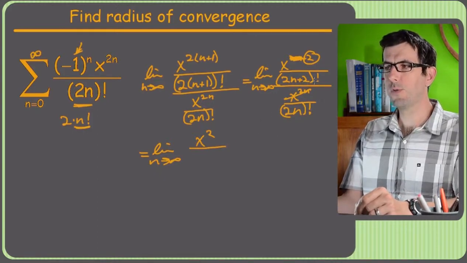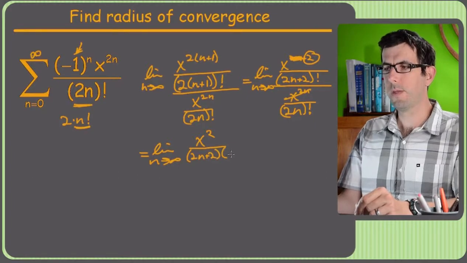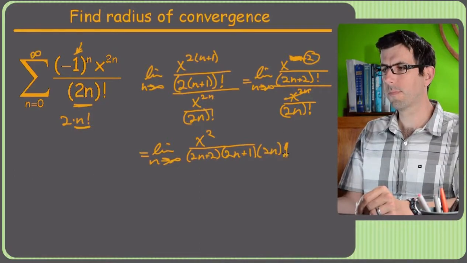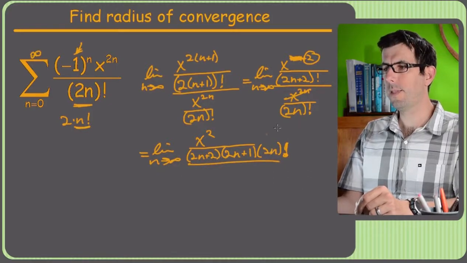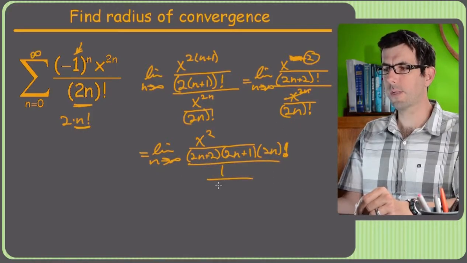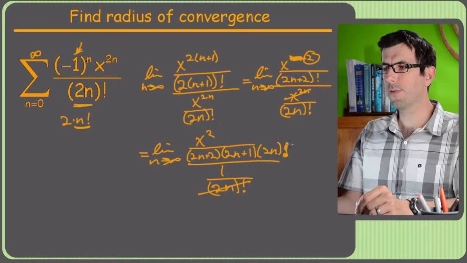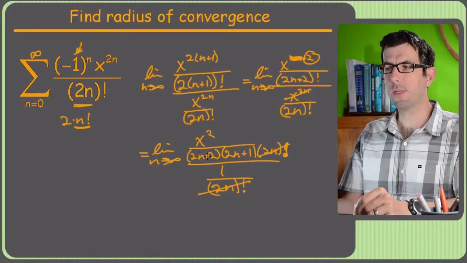And then 2n plus 2 factorial is going to be 2n plus 2 times 1 less than that, that's 2n plus 1, times 2n factorial. And then down here we still have a 2n factorial. So this is going to cancel this, but we're still left with that 2n plus 2 and 2n plus 1.